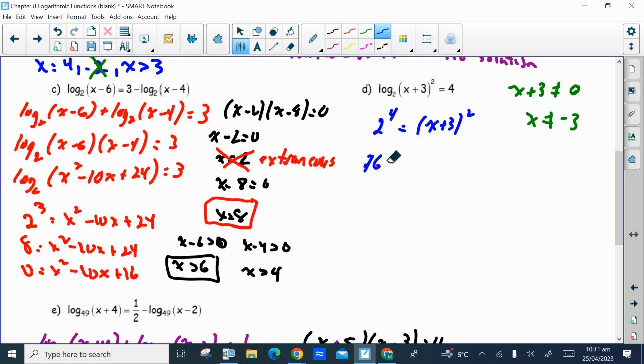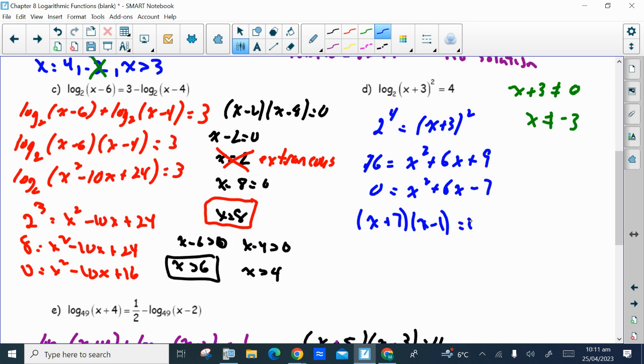So 2 to the 4th, which is 16, will equal, when you square this binomial, x squared plus 6x plus 9. And then you subtract the 16 from both sides to make the quadratic equal to 0. 9 take away 16 is minus 7. And then this quadratic is factored: x plus 7, x minus 1 equals 0.